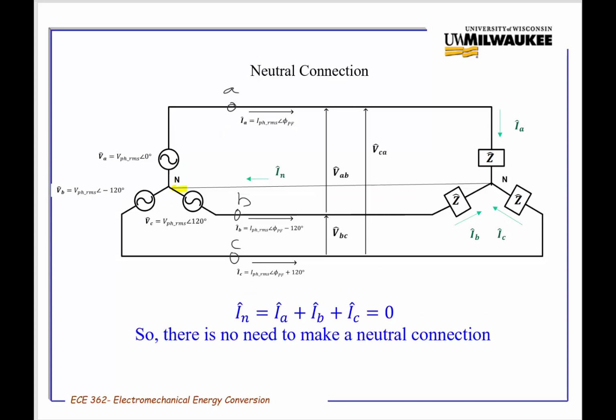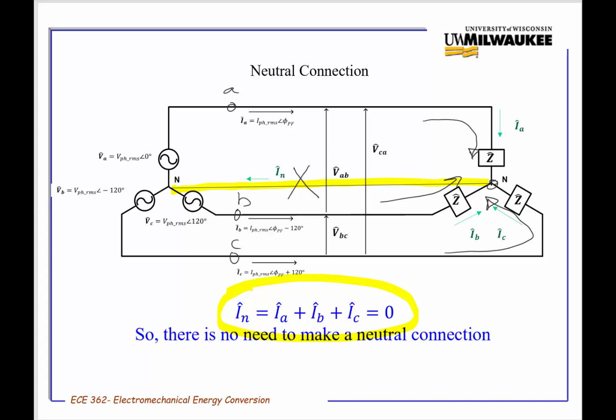So that's shown right here. So this is actually the return line of all three currents. But because the three currents add to 0, so you've got your current IA here, your current IB, and your current IC all going into this point, but they're going to be 0. You can take this line off. You don't even need it.